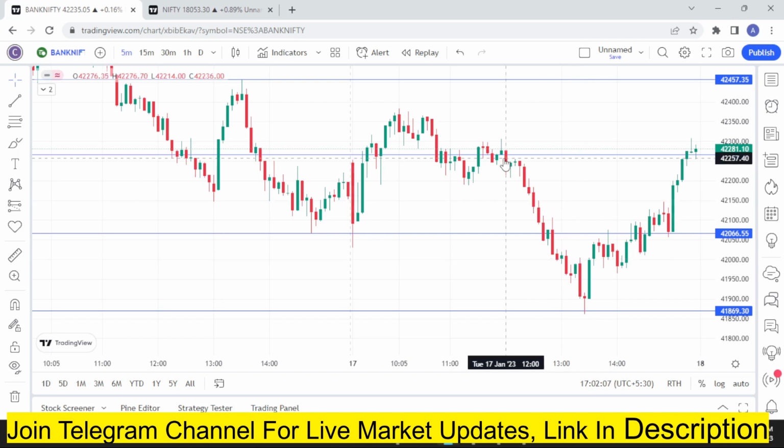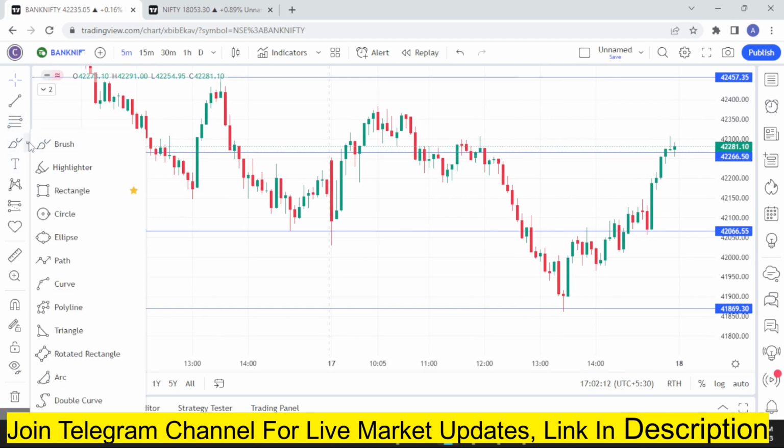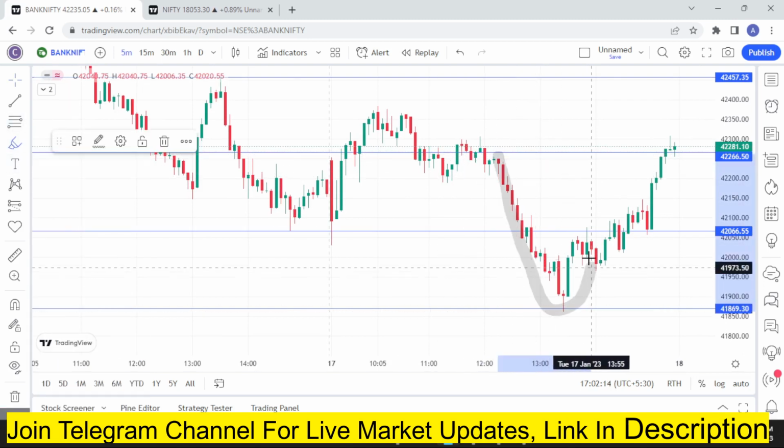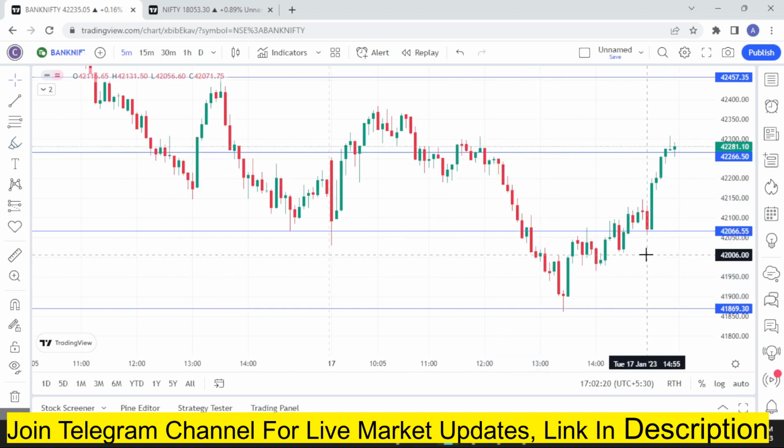After this, one of my students asked why I did not trade this cup and handle pattern in Bank Nifty. See traders, I am a safe player, as you have observed. I don't play aggressively, or believe in being aggressive in the stock market.